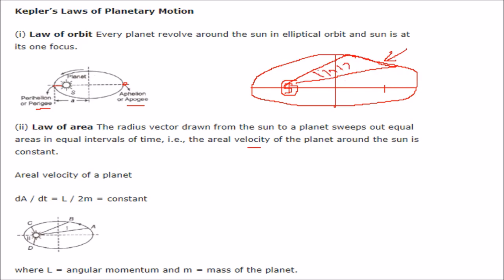If for the same time t this is the area, then these two have to be equal. This is the law of area. So the areal velocity of a planet, dA/dt, area per unit time, is L/2m, which is constant. L is the angular momentum and m is the mass of the planet.